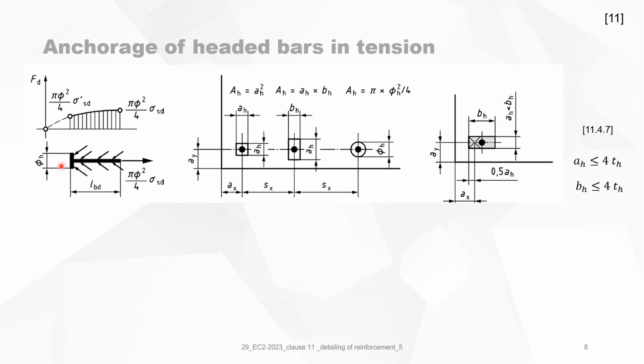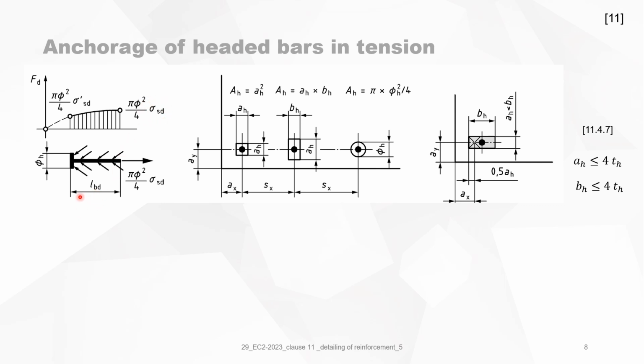The diameter of the head is VH, and the force as a function of X at the start of the head is sigma accent SD times the cross section, and at the end it's sigma SD. Because this is our control section, and from there on you can count on the anchorage of the bar with a tensile stress of sigma SD.